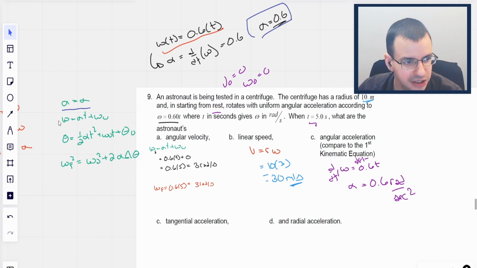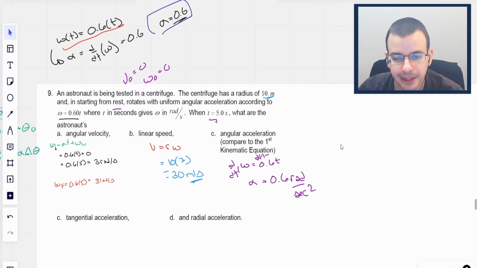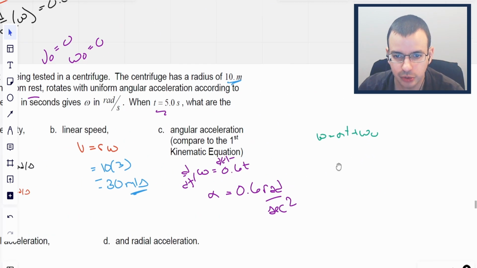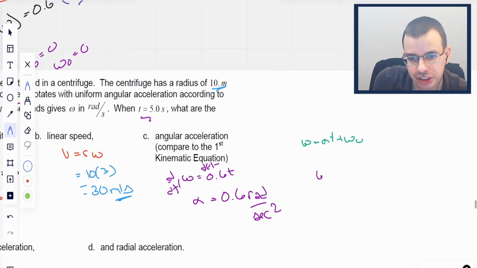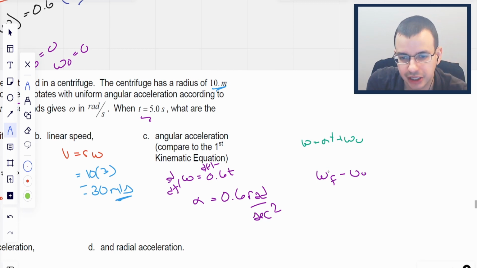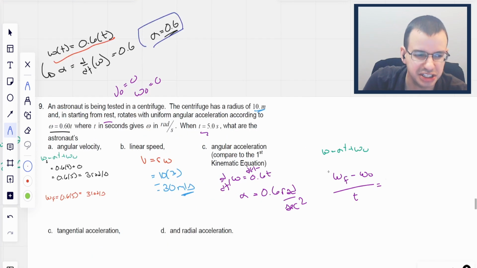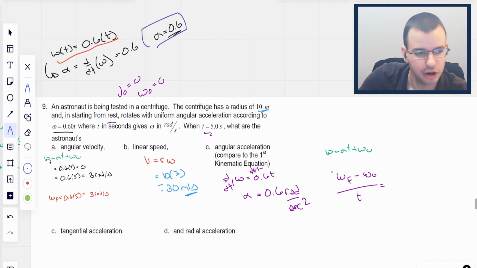Another way of doing that, if we wanted to use the kinematic equations, is we could take this equation right here and rearrange it. This is actually omega final, even though I just write it as omega, minus omega naught, over t, and this is kind of working backwards.